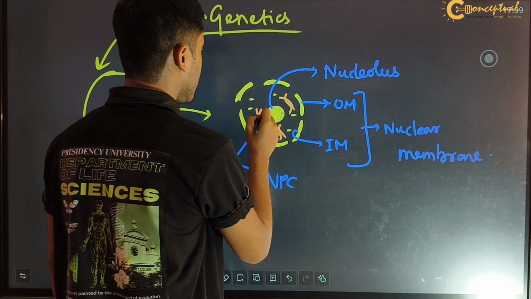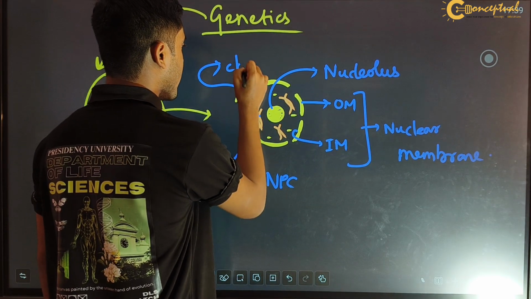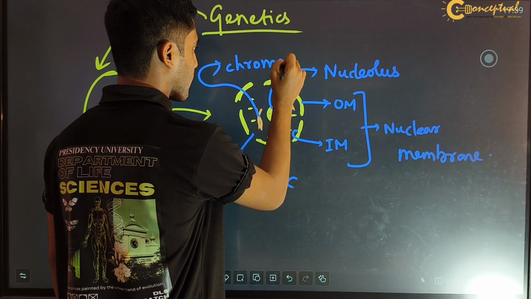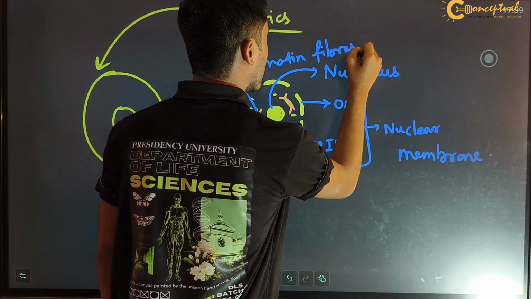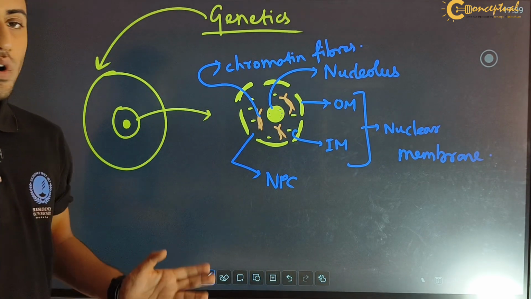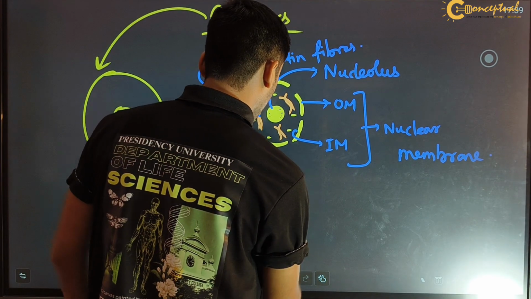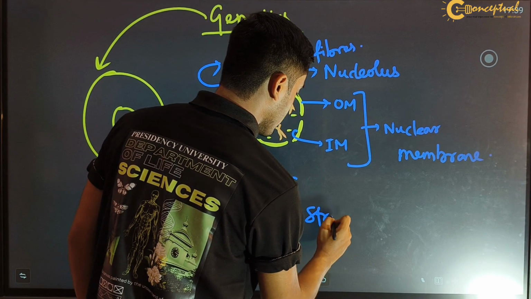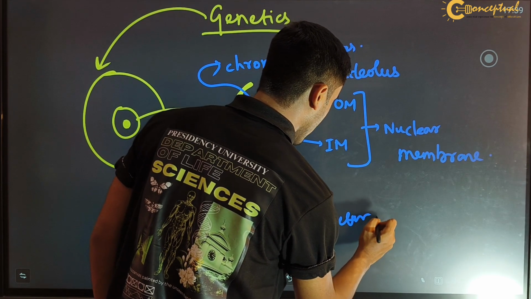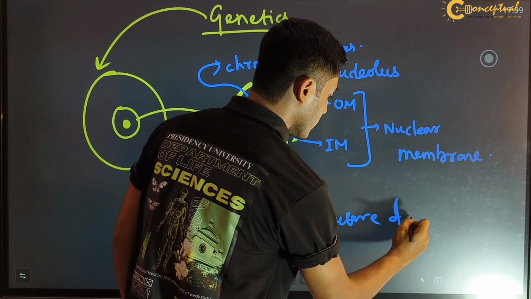And there will be certain thread-like structures known as chromatin fibers. Remember, students, whenever you're trying to draw a structure in biology, do not forget to give the caption to it. So here, in this case, it is a structure of nucleus.